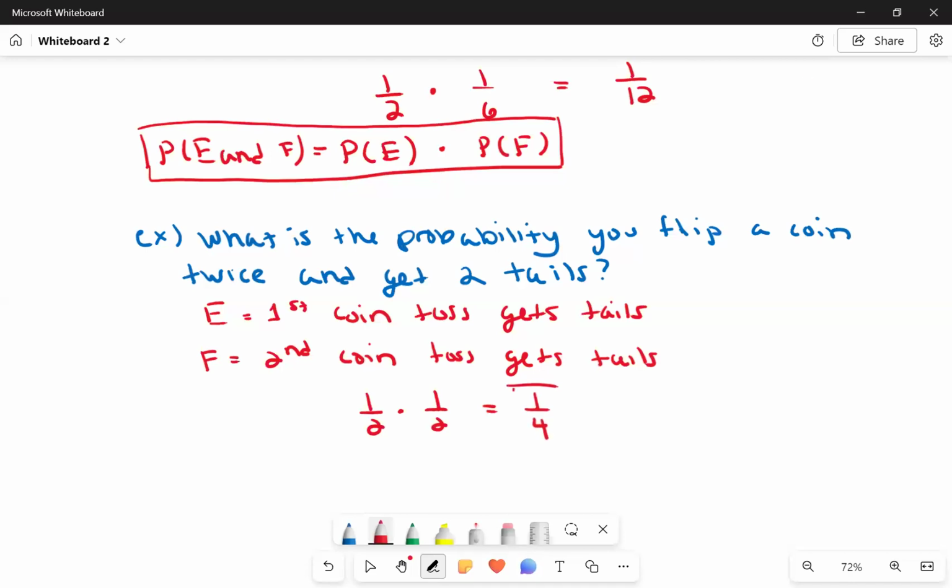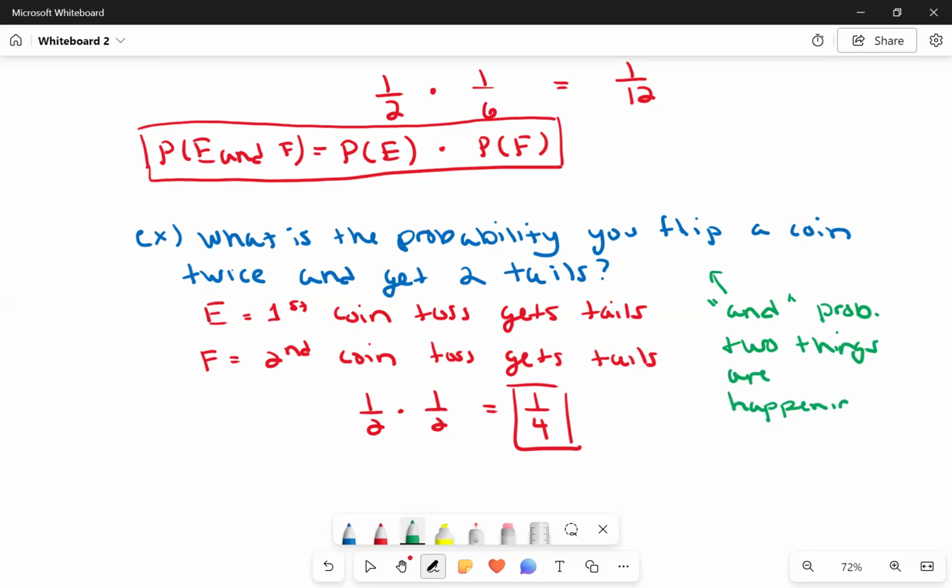So that's 1/4. We consider this an "and" probability because both things have to happen. Two things are happening.